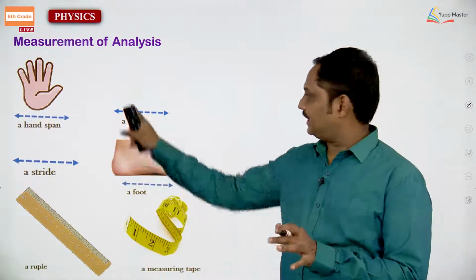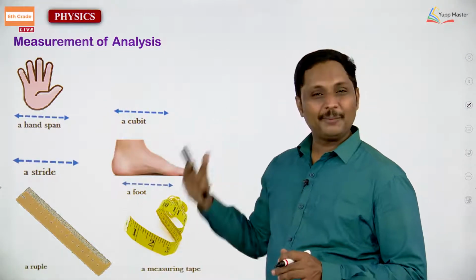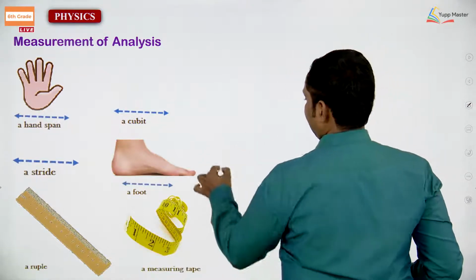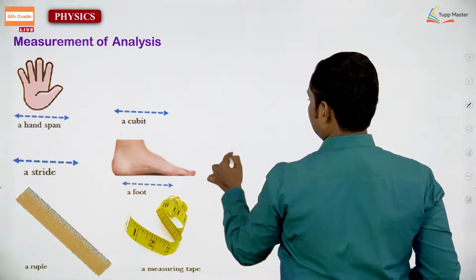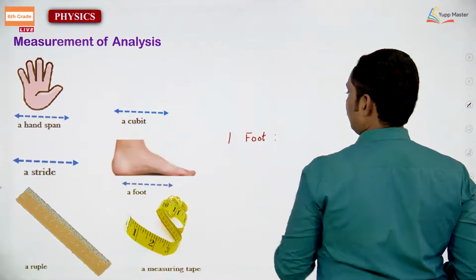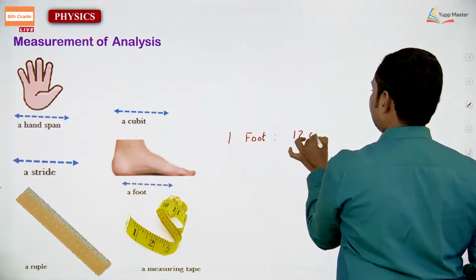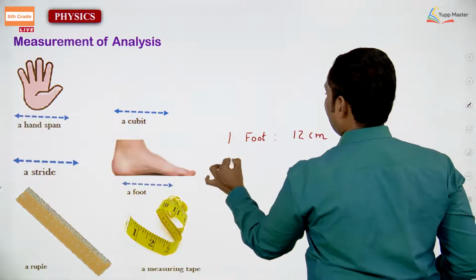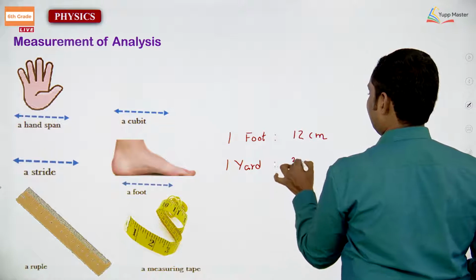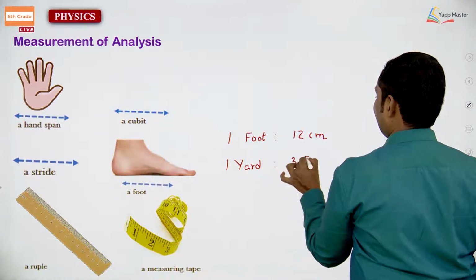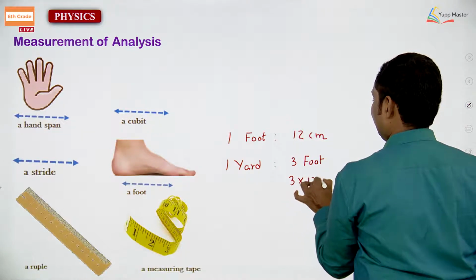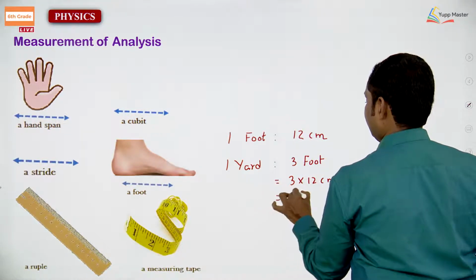Simply, by using the hand span, we measure a little bit. A foot, you are going to take 1 foot, it's going to be 12 centimeter, right? 1 yard is equal to 3 foot, that is 3 into 12 centimeter, that is 36 centimeter.